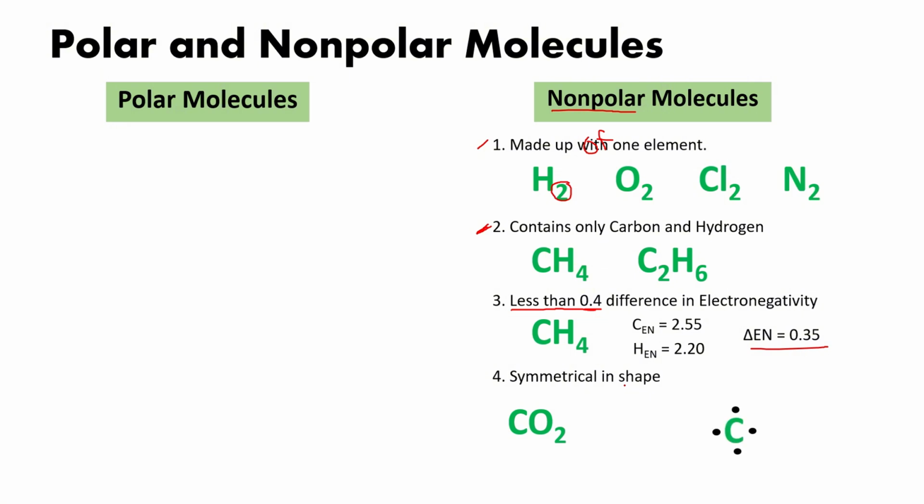If we have carbon, since carbon is written first, it means we are now certain that carbon is our central atom. So carbon is here with 4 valence electrons, and we have oxygen. Of course, carbon is the center because it's written first.